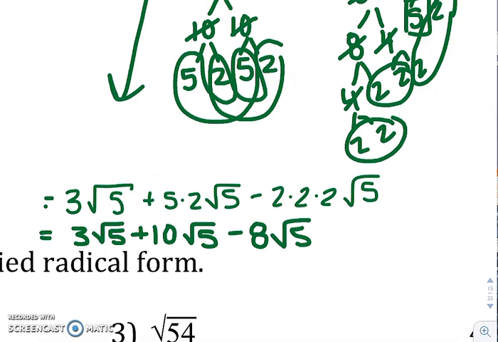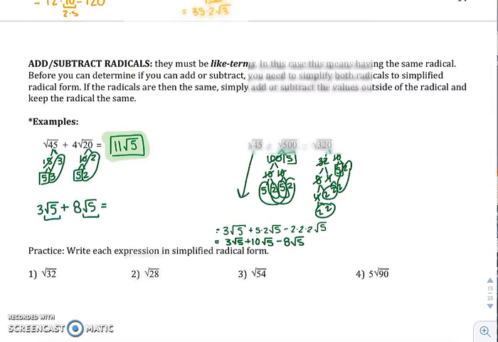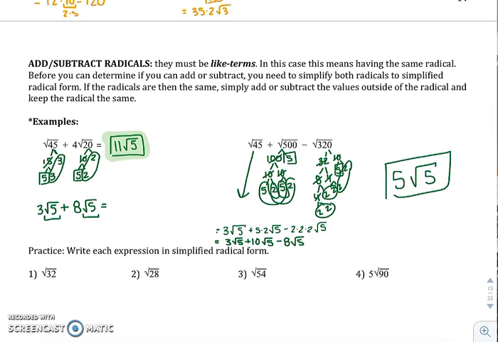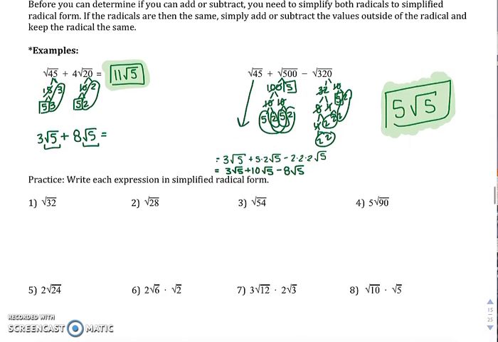So 3 plus 10 is 13, minus 8 is 5. So 5 square root 5 would be your simplified answer after adding and subtracting all of those together. So why don't you guys now try the practice problems?